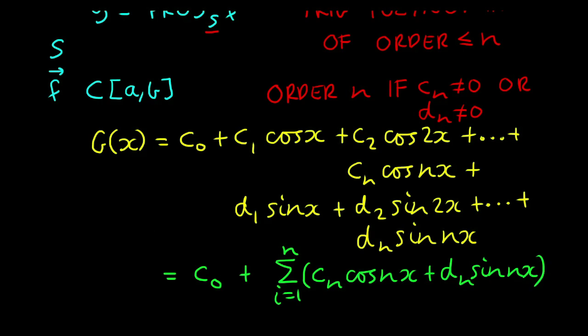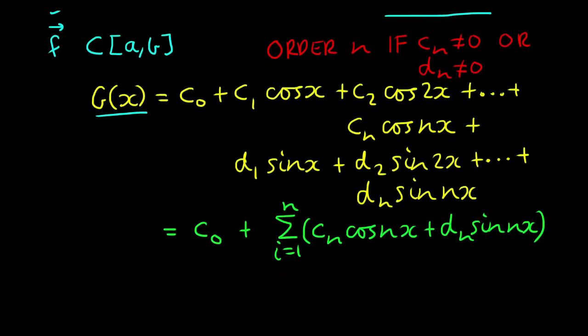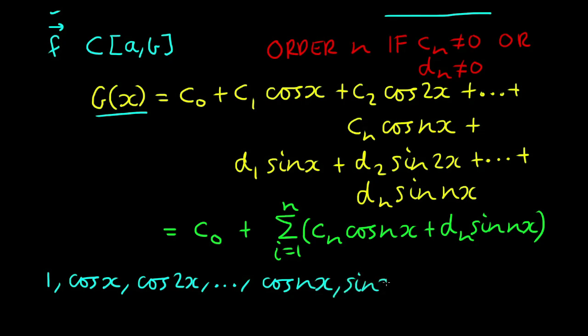So effectively, the trig polynomials are the various possible linear combinations of 1, cosine x, cosine 2x, and so on to cosine nx, and also sine x, sine 2x, and so on, up to sine nx.